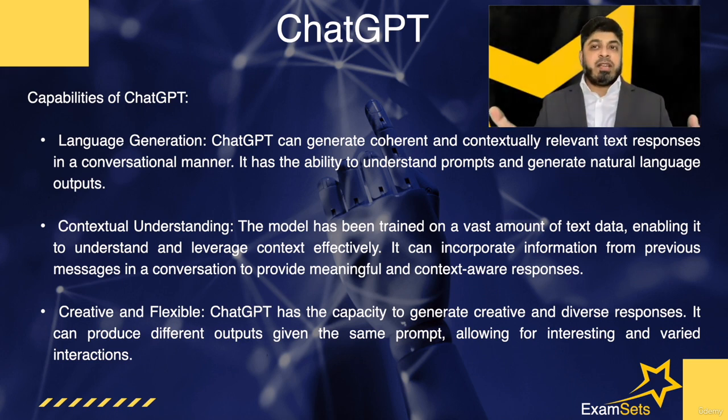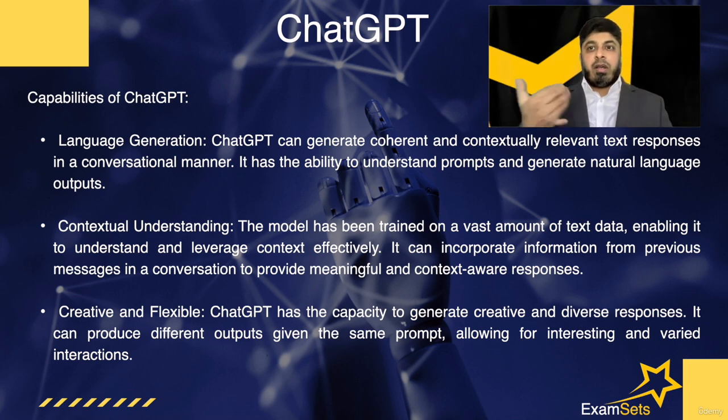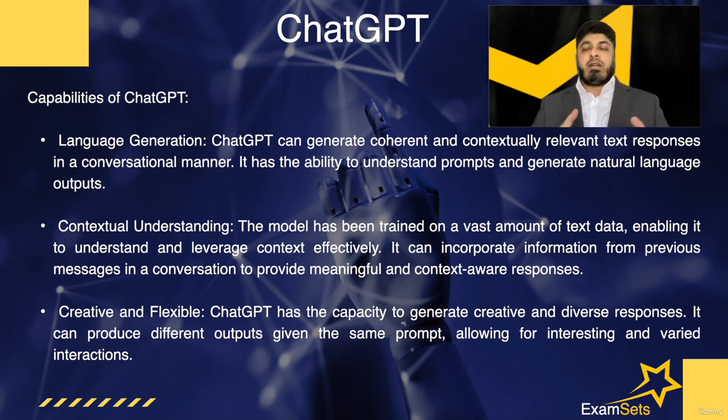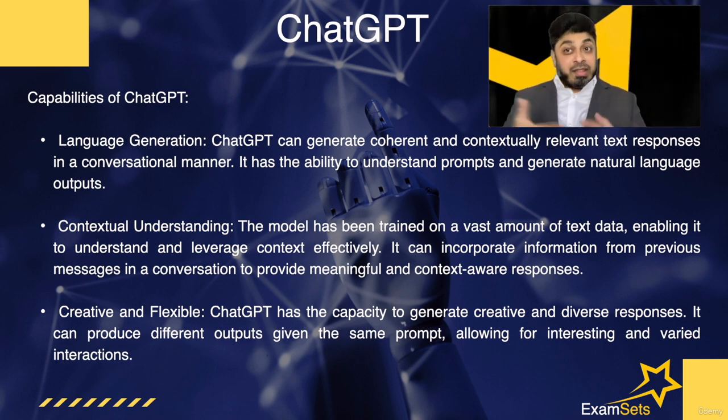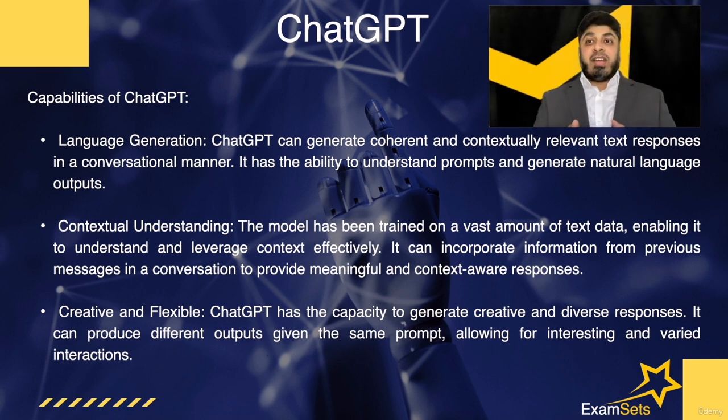If I ask something, it should give me an answer relevant to it. If I ask a second question, it should also come within the same context. It should not deviate into a completely different domain. That's one of the advantages that the ChatGPT bot or other bots have.